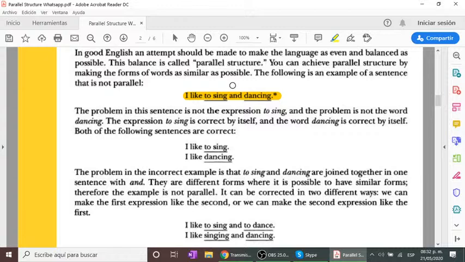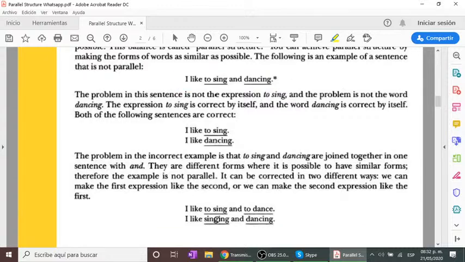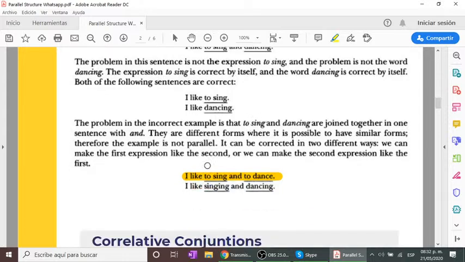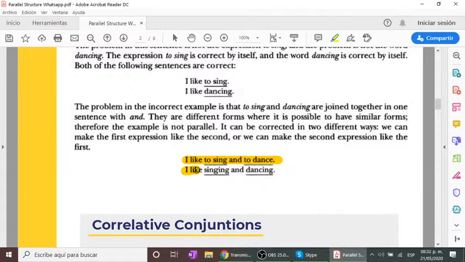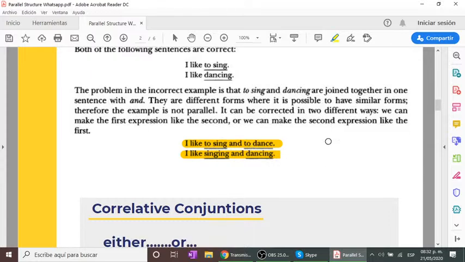I like to sing and dance, not dancing. Because you see, there's no cohesion. It would have to say singing and dancing, but we're not talking about gerunds. We're talking about just plain verbs. So right there is, I like to sing, I like dancing. Nope. I like to sing and to dance. And then if you're going to put gerund, both have to be gerundio.